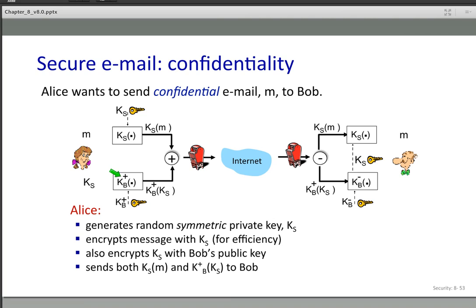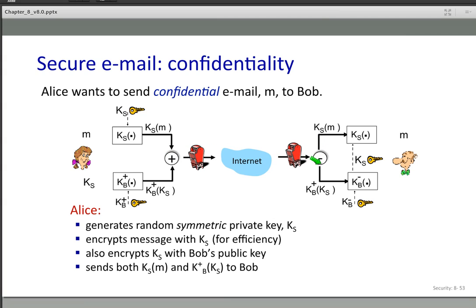We know that the private key of Bob is in his pocket. So Alice will encrypt the shared key with the public key of Bob. And now we have an encrypted text of the email plus the encrypted shared key. We send it over the internet.